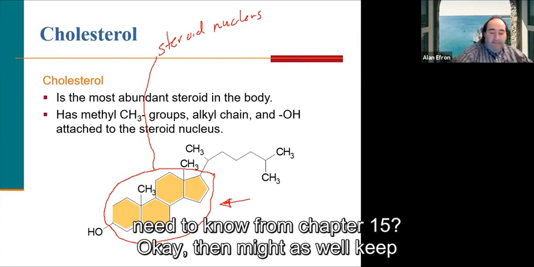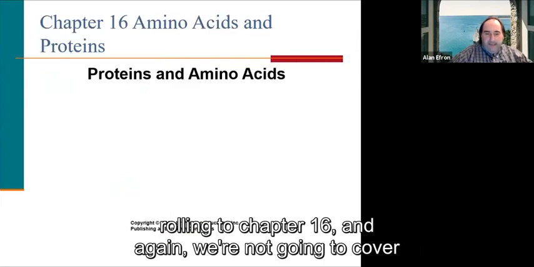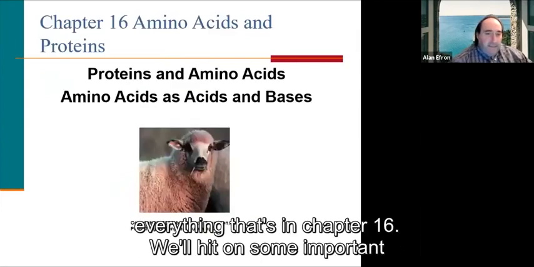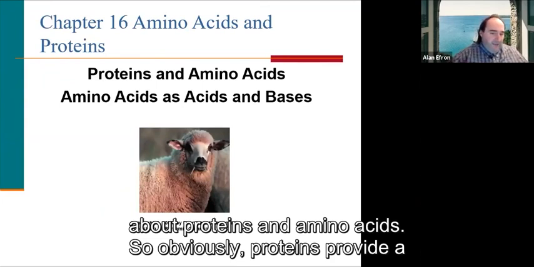Okay. Then might as well keep rolling to chapter 16. And again, we're not going to cover everything that's in chapter 16. We'll hit on some important parts here to finish it up. So we're going to talk a little bit about proteins and amino acids.